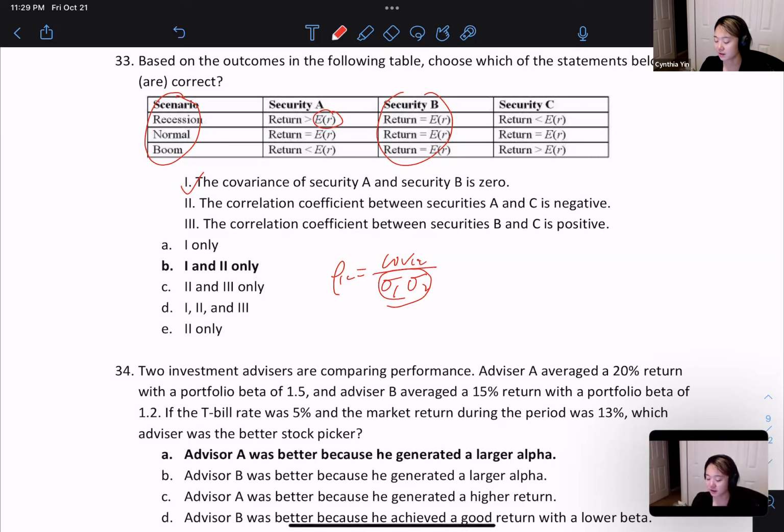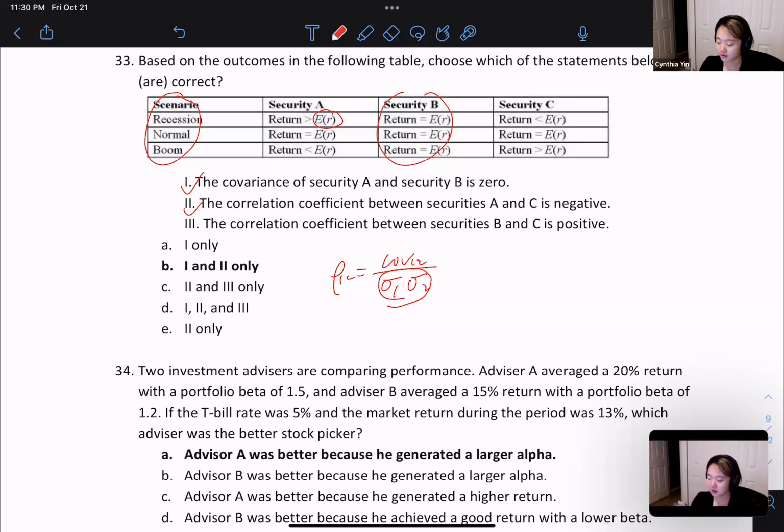The covariance between A and C is negative. Yes, because in recession, security A's return is higher than ER, but security C's return is lower than ER. In normal they are the same, but in boom it's the opposite, you see? So they move in opposite directions. So A and C are negatively correlated.